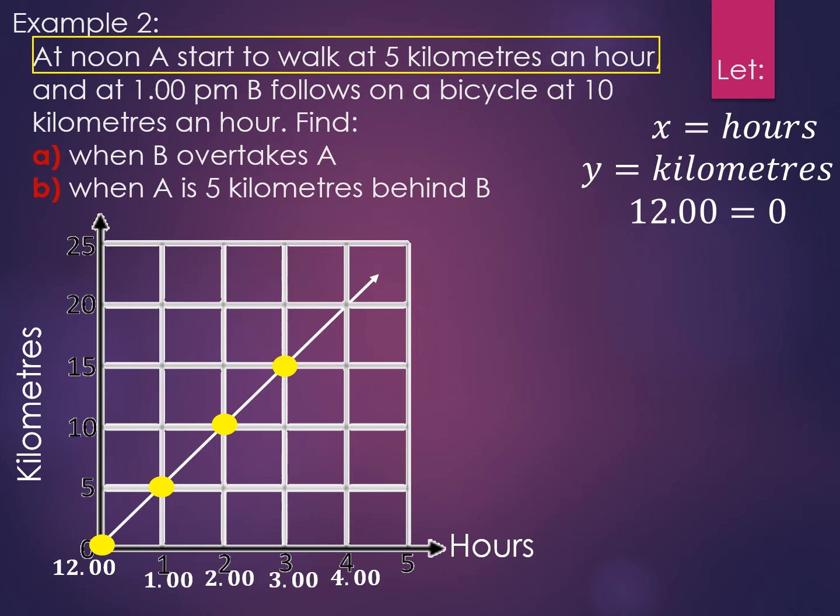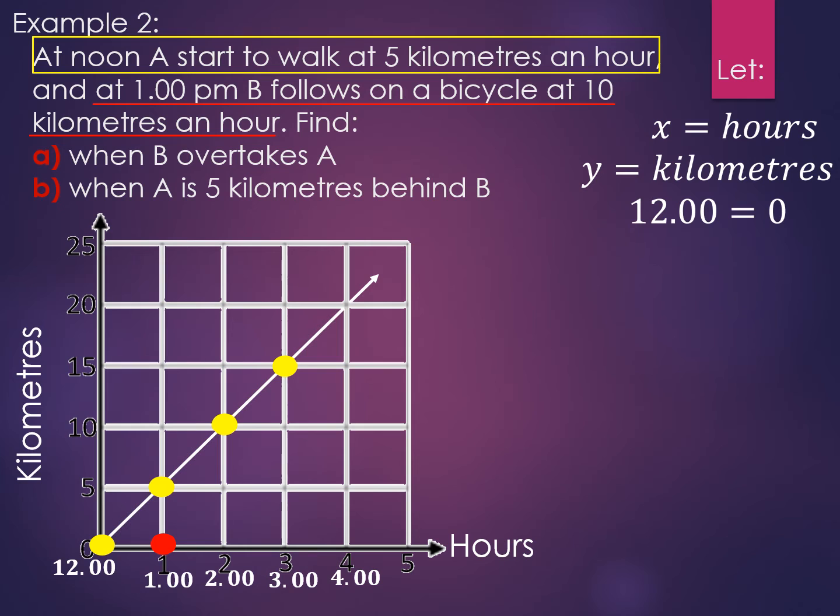Now we go to person B. It says here, at 1 p.m., B follows on a bicycle at 10 kilometers an hour. So he started at 1 p.m. here, okay? So zero distance and zero speed, okay?